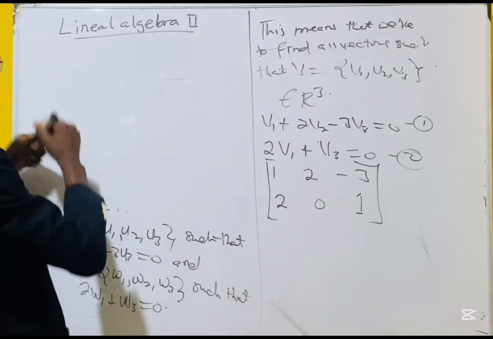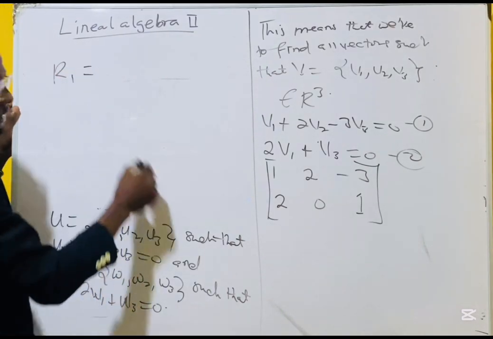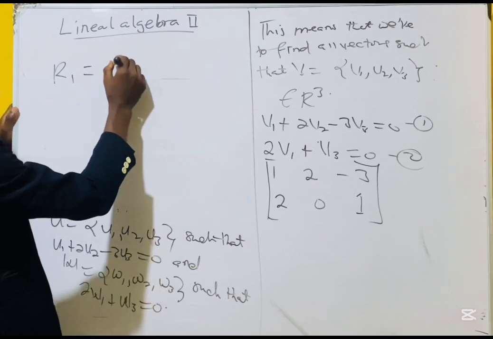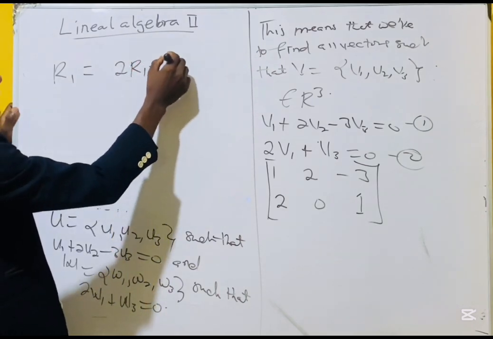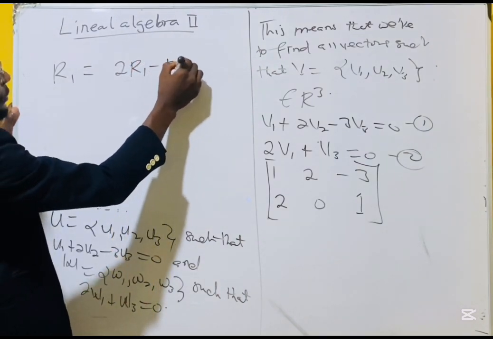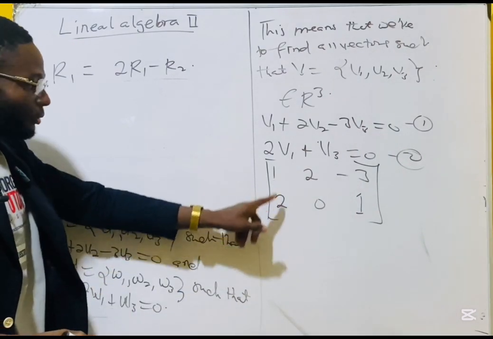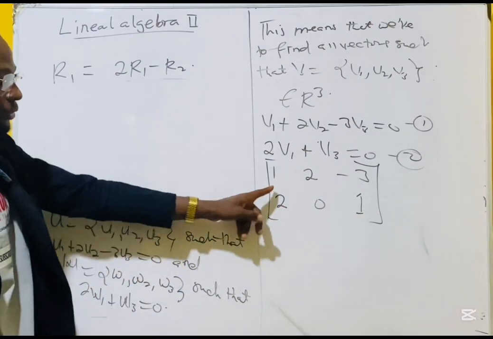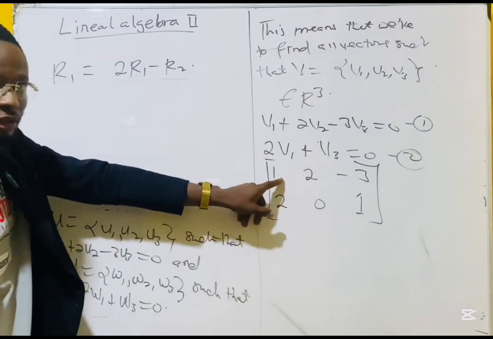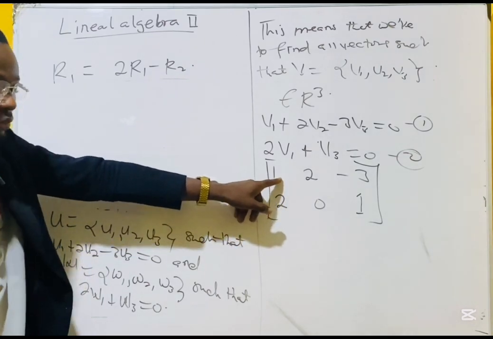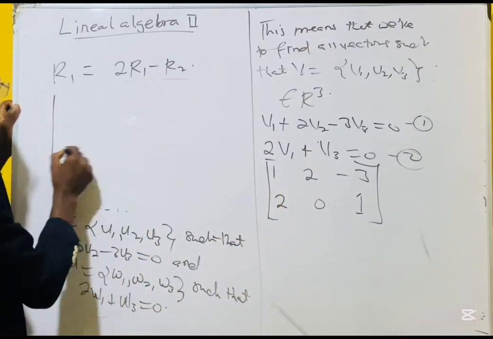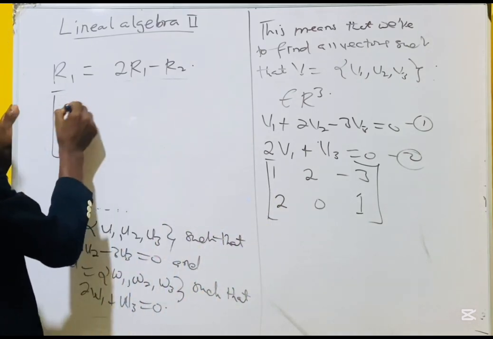So we can say that R1 is equal to what? 2R1 minus R2, right? 2 times 1 is 2, minus 2 to give us 0. So we want to make this portion 0, right? So this minus this is 0.